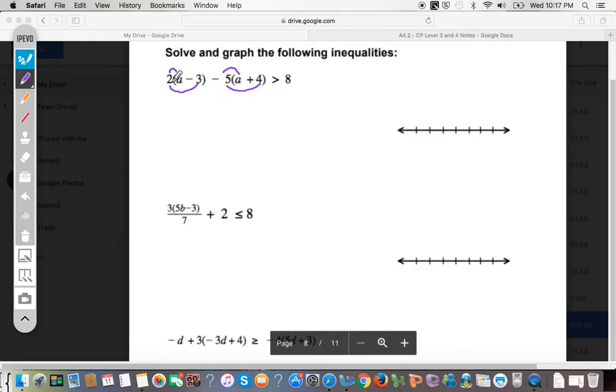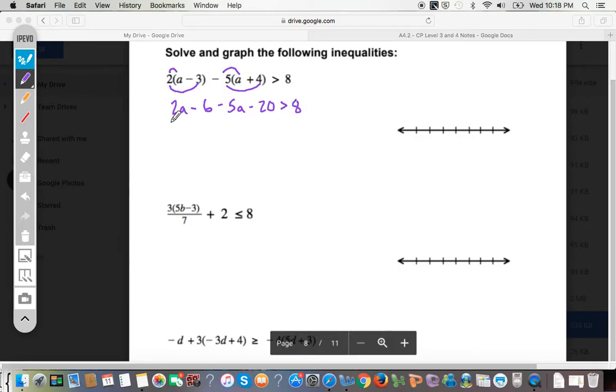So I'll have 2 times a, which is 2a, 2 times negative 3, which is negative 6, negative 5 times a, which is negative 5a, and negative 5 times positive 4 is a negative 20. We know this is all greater than 8.